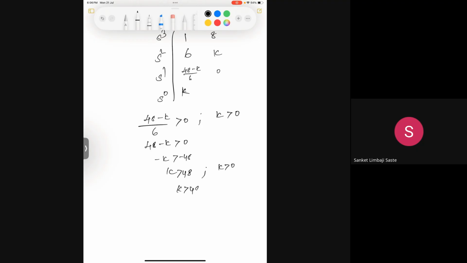The system will be marginally stable at K equal to 48. For all values of K less than 48 it is stable, and for values greater than that it will become unstable.